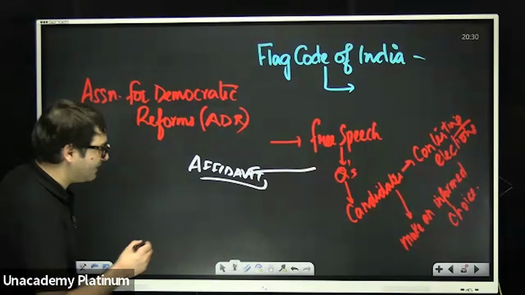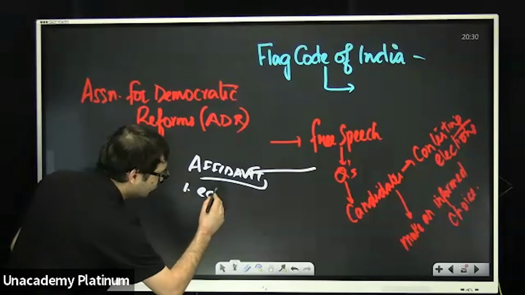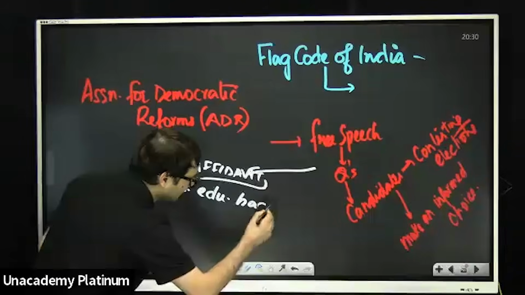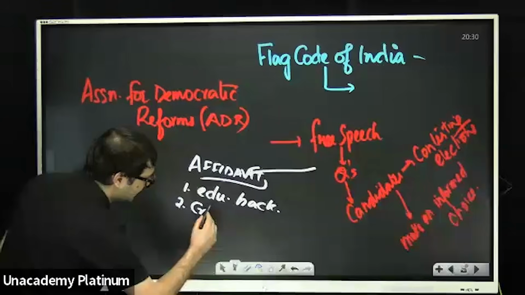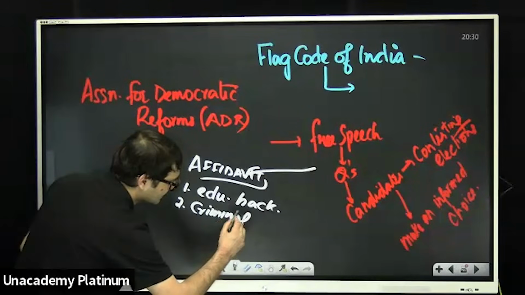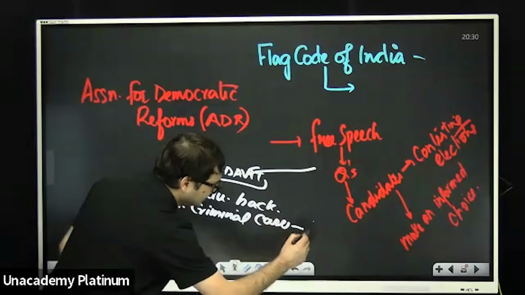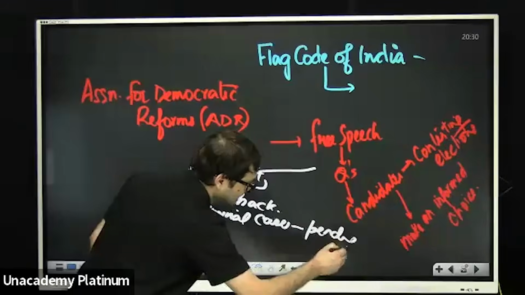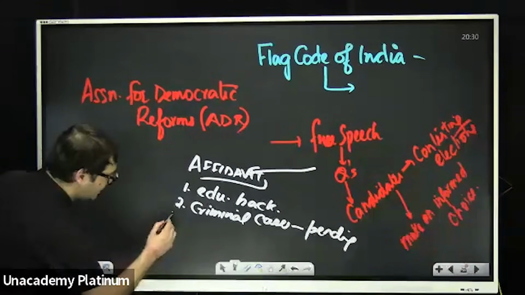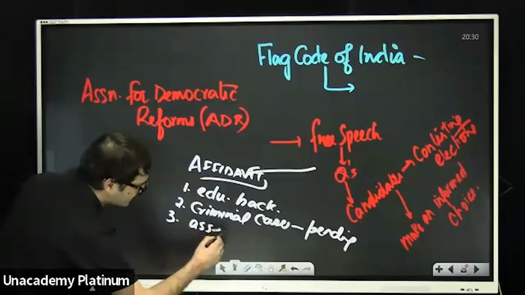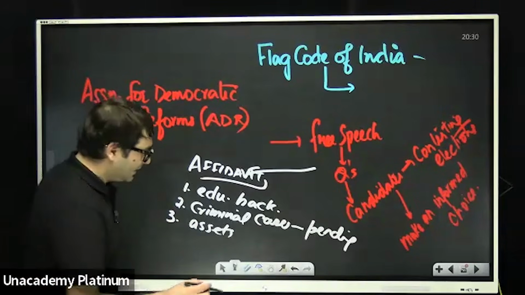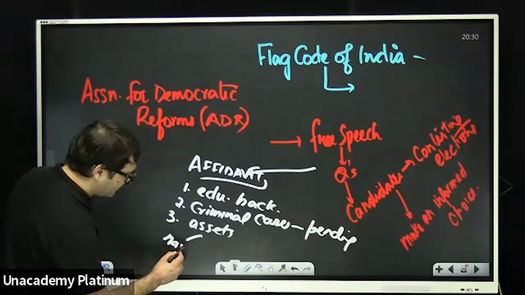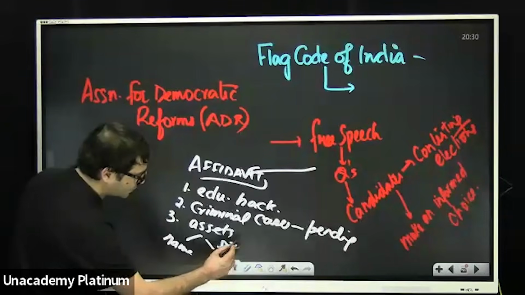And in that affidavit, they mention their educational background. They mention criminal cases which are pending against them. They mention assets, movable assets, immovable assets, which are in their name as well as in the name of their spouses.